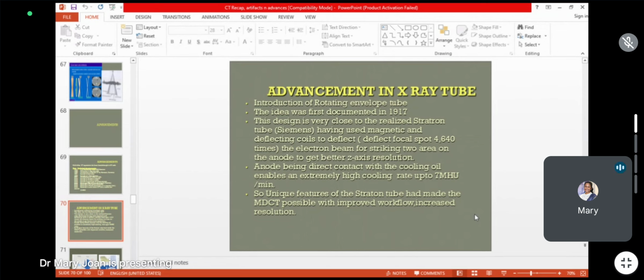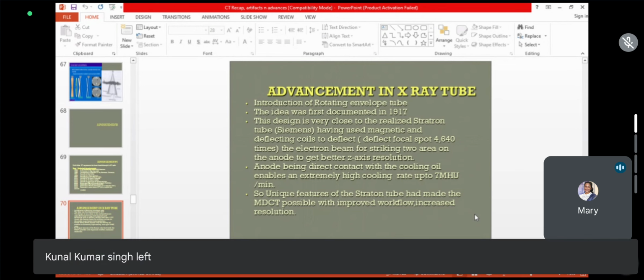The anode being in direct contact with the cooling oil enables an extremely high cooling rate of up to 7 MHU per minute. So the unique features of the Straton tube made MDCT possible, with improved workflow and increased resolution.